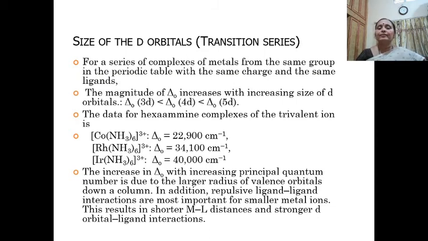Apart from this, the repulsive ligand-ligand interactions are most important for small metal ions. This results in a shorter metal-ligand distance and stronger d orbital-ligand interaction. For this reason, with increase in the size of the d orbital, the splitting is going to increase.